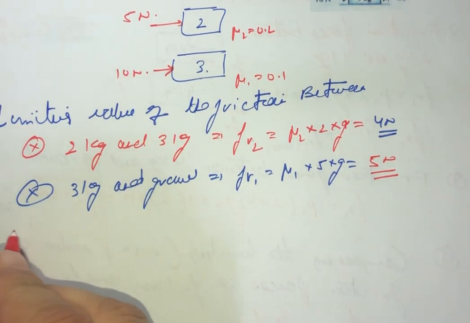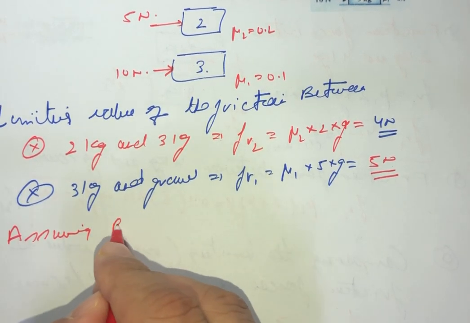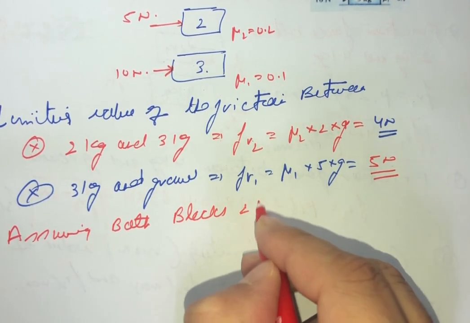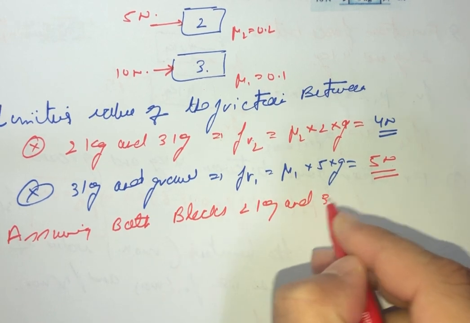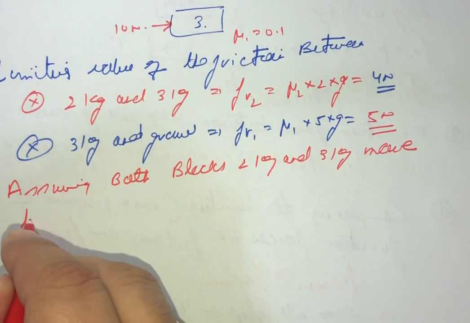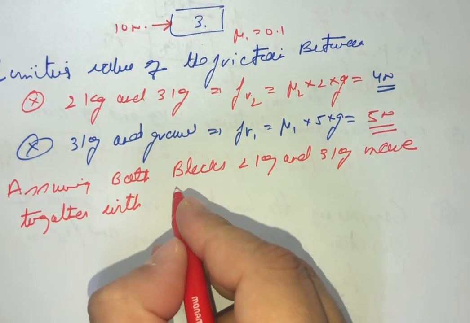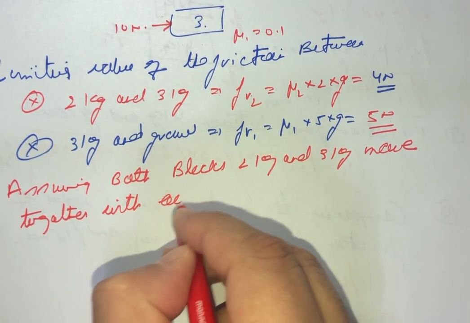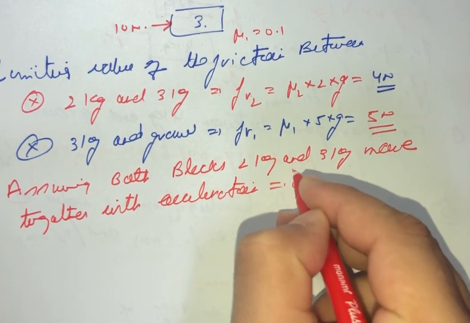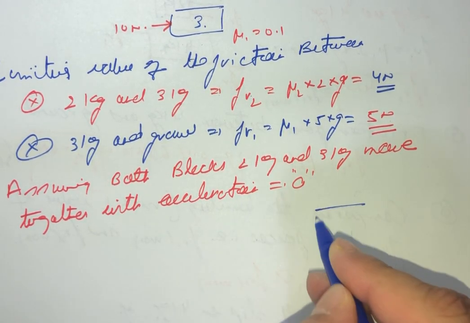You can say assuming both blocks 2 kg and 3 kg move together with acceleration A. So let's draw the diagram.